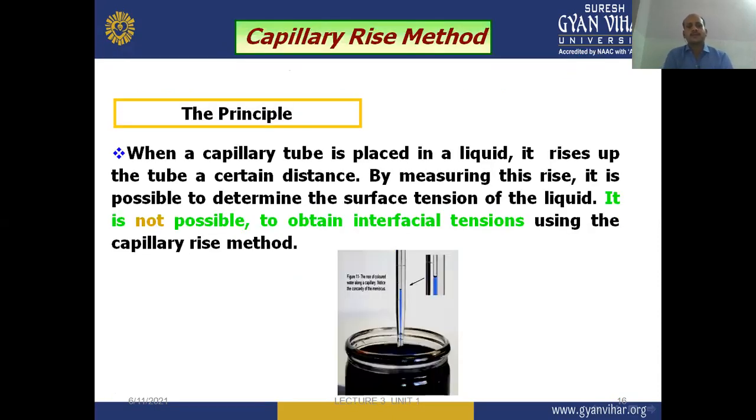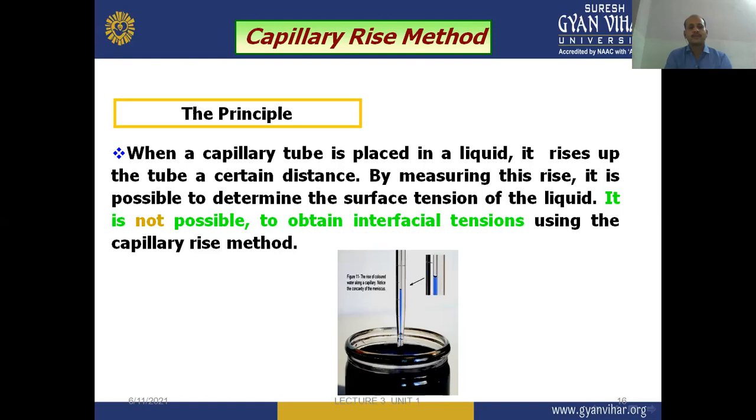Now let us see the first method. This is the capillary rise method. As per the name given, we have to use a capillary tube which is placed in a liquid, and the liquid rises up the tube a certain distance.